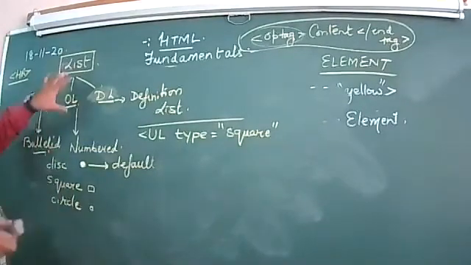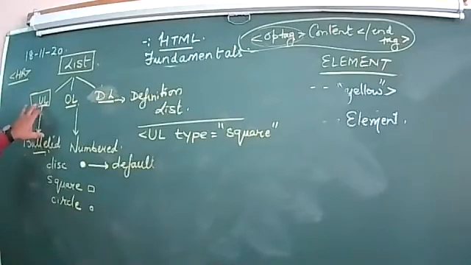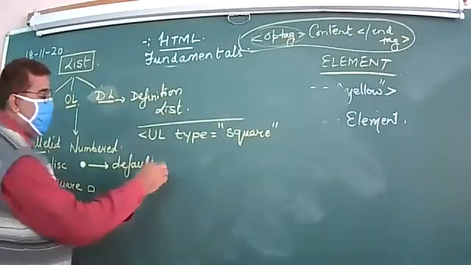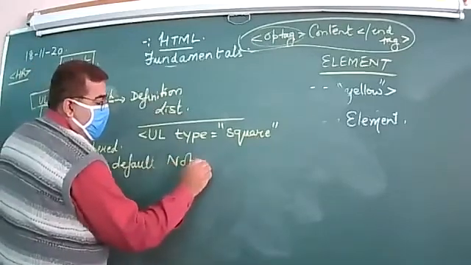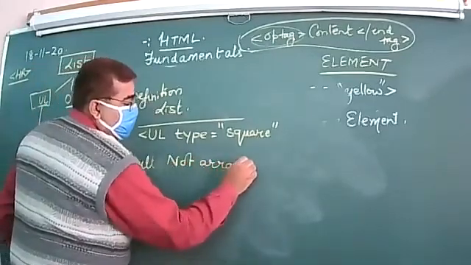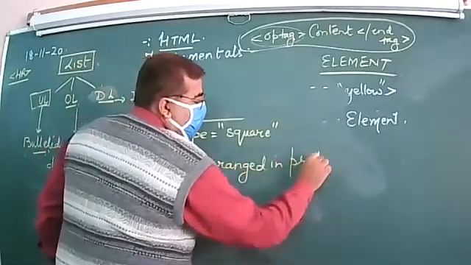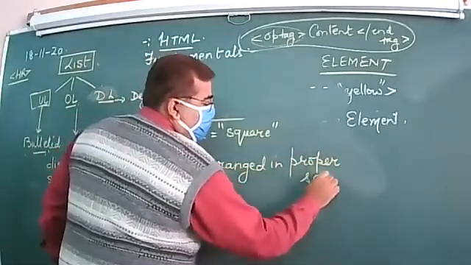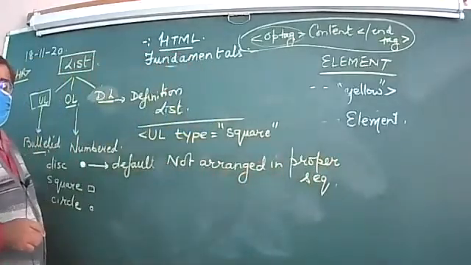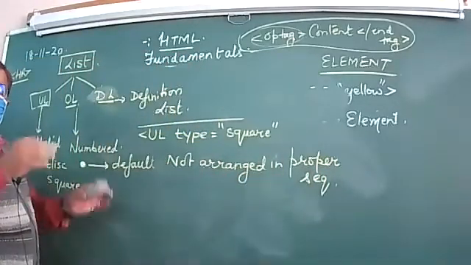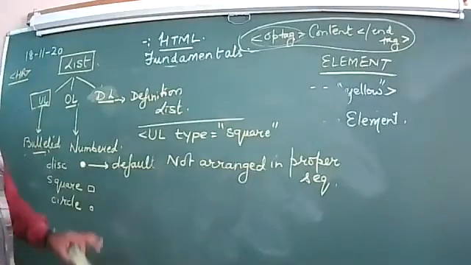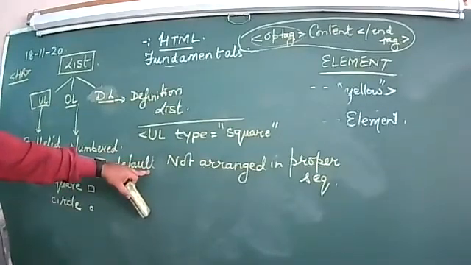So what are the main features of unordered list? Firstly, the items are not arranged in proper sequence. No proper order is followed. In any way you can write the options, no specific order is followed.